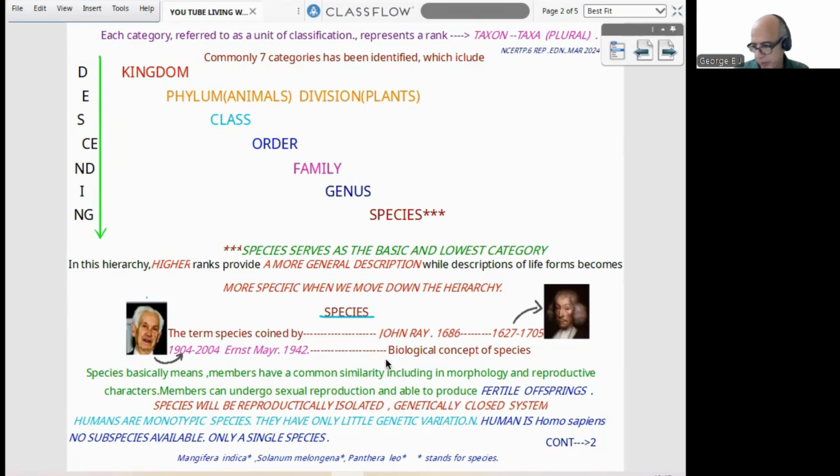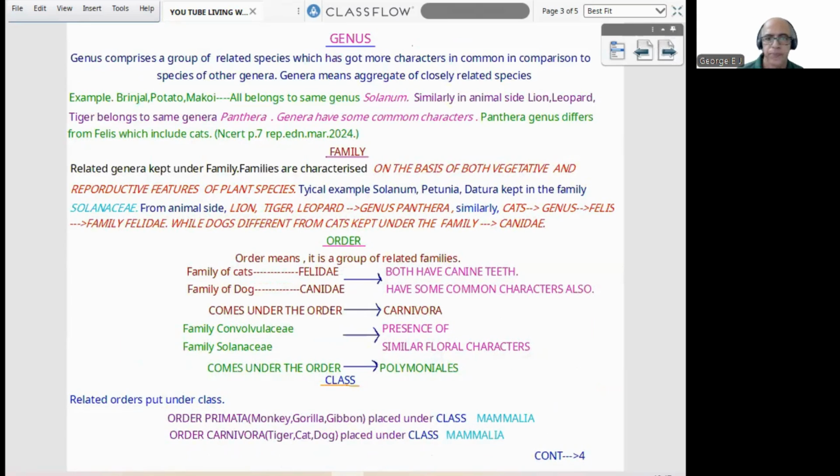Then, one by one, species. First are Ernest Mayr and John Ray and their contribution, then monotypic species, then three plants or organisms given there: indica, nigra, and leo, which stand for species. Then, at each level going up, genus, related species.